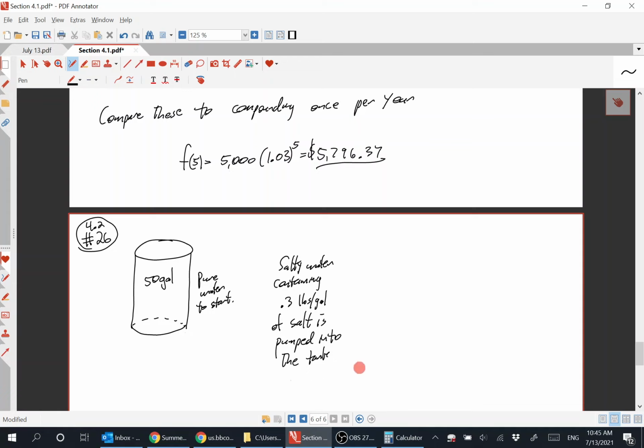It doesn't say at what rate. This is a classical type of problem that you'll do in later courses, but they're just getting you used to the idea of it.